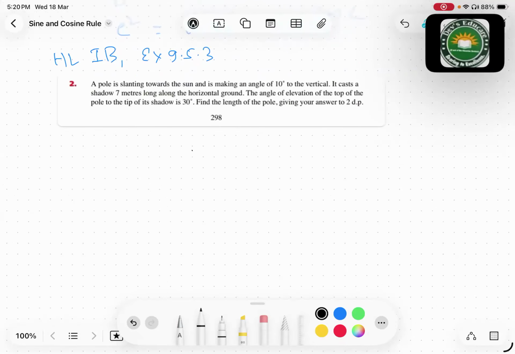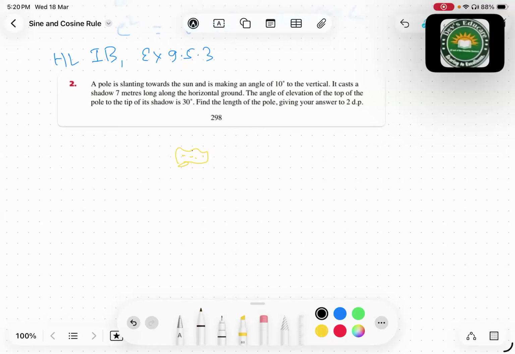So suppose this is the sun, slanting at 10 degrees.